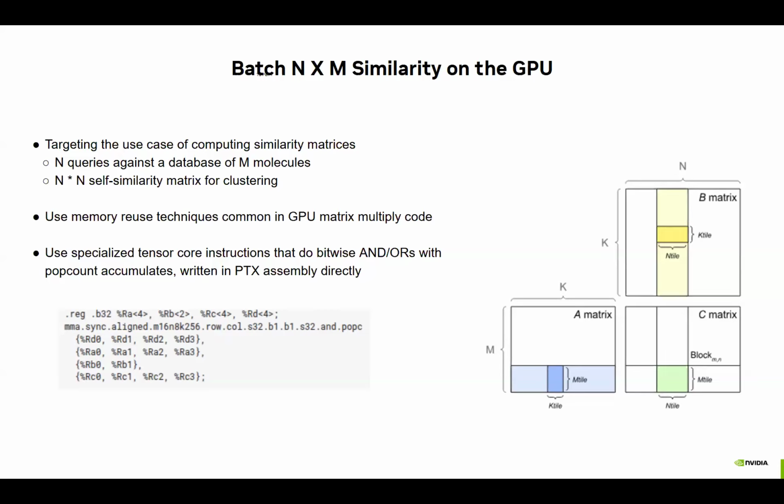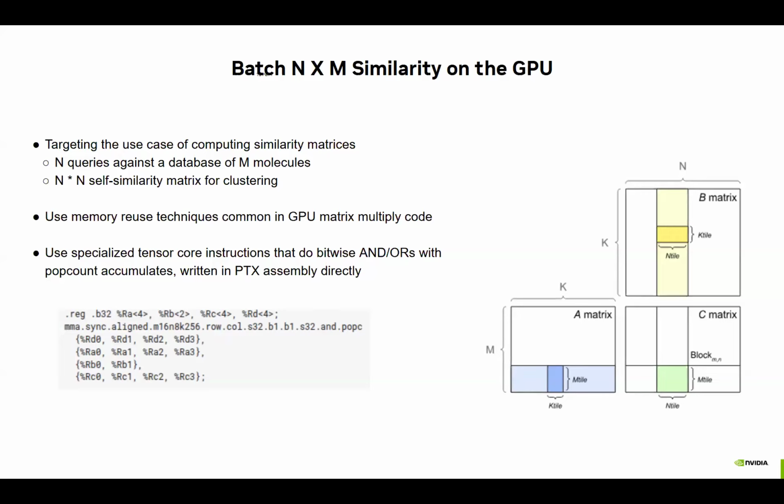An N by M similarity problem is kind of an outer product. You end up with an N squared matrix. So it's not a matrix multiply, but because these bit vectors are 512 bits, 1024 bits, we can treat some of the memory patterns the way we do with matrix multiplies, which are pretty well optimized on the GPU, by taking in tiles at a time and reusing memory.